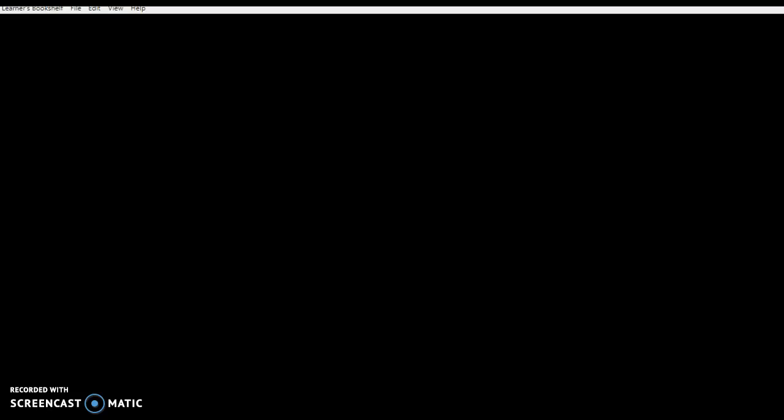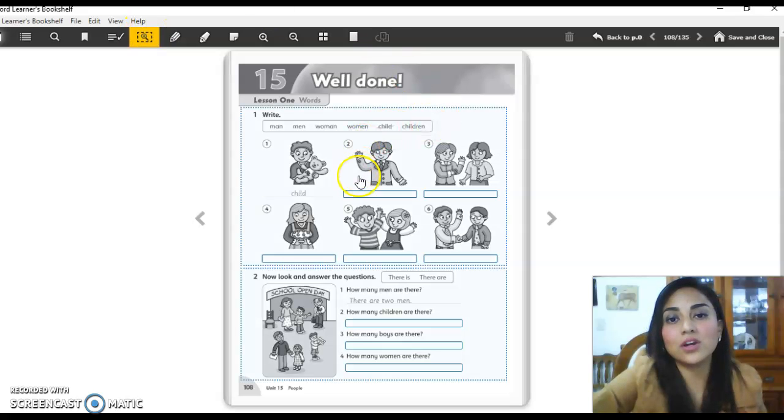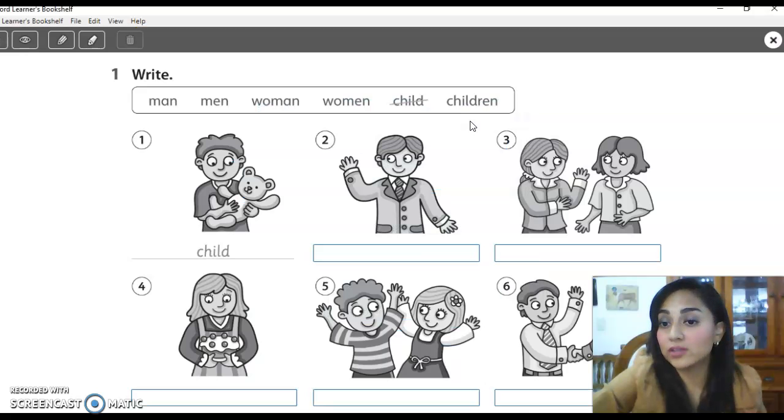Okay, class. Now, close your class book. Now, here you are going to look at the pictures and write the correct word, okay? Remember, you have to pay attention if it's singular or plural.